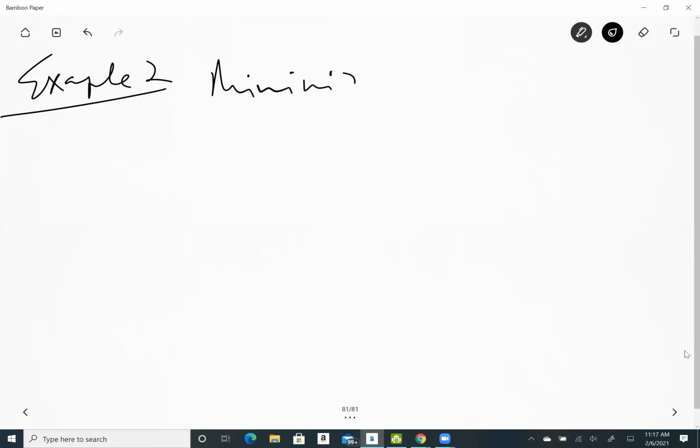Okay, I have a few more minutes. So example 2, let's say you want to minimize the objective f of xy equal to x y squared. Kita tambah constant satu. 5 x y squared.